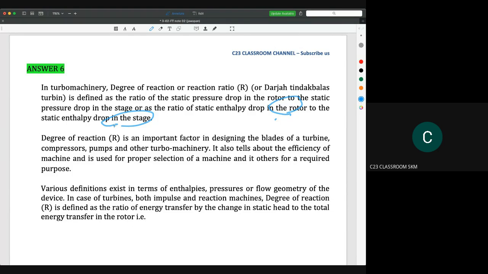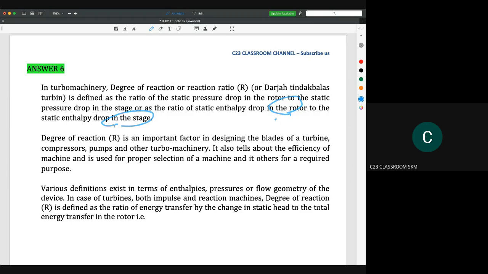Degree of reaction is an important factor in designing the blades of a turbine, compressor, pump, and other turbo machinery. It also tells us about the efficiency of a machine, and it is used for proper selection of a machine for a required purpose. Various definitions exist in terms of enthalpy, pressure, or flow geometry of the device.